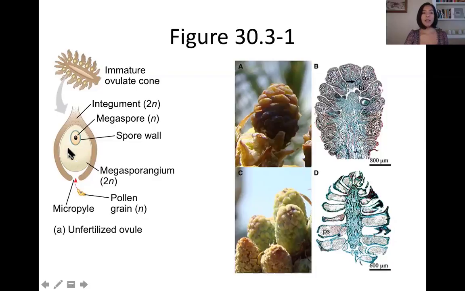And then we have a megaspore result from the meiosis with a wall, a spore wall, right? We learned that that's important in the colonization of Earth. Okay, so we have the megaspore. Now that's haploid. So this ovule is ready to be fertilized.